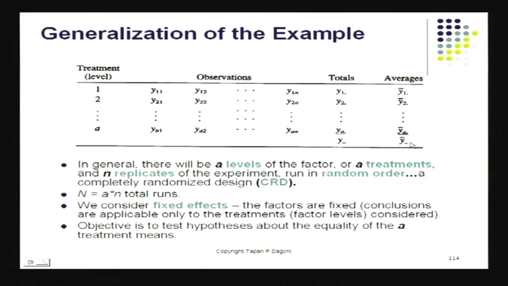The overall average is going to be y bar double dot. That's going to be the average of everything. How many data points do I have? I have a this way and I have n this way. So a times n is the total number of data points I have. In fact, that is the total number of runs I made when I conducted this experiment. This involved only one factor at a different levels.